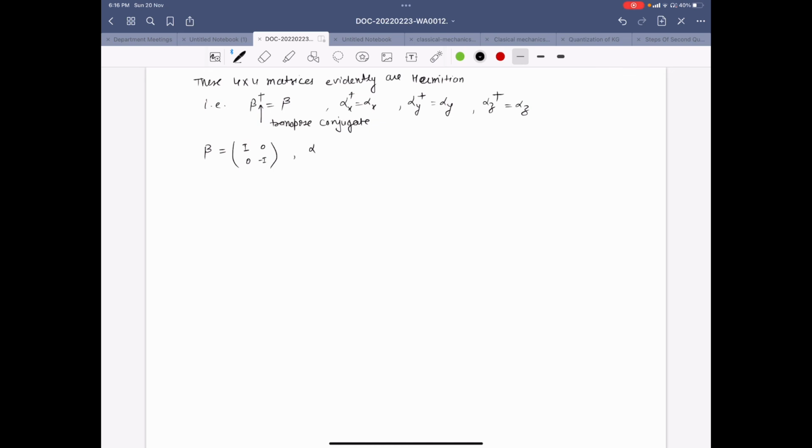Next is alpha. We can write alpha in terms of purely spin matrices as 0 sigma, sigma 0, and alpha is three matrices. So how do we write alpha x? Alpha x is equal to 0 sigma x, sigma x 0. What are these sigma? These are purely spin matrices.